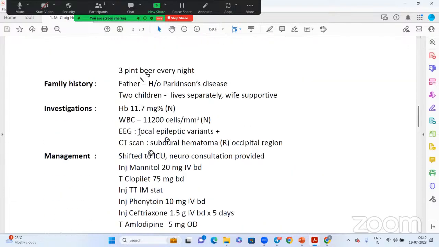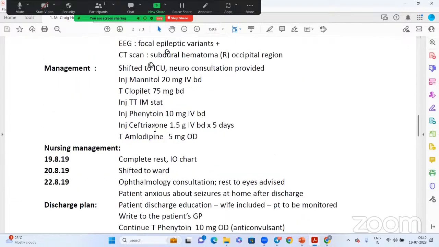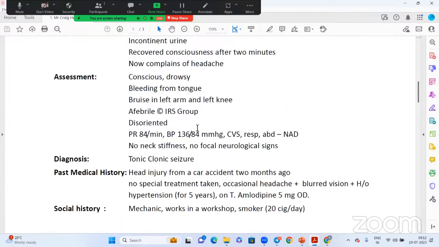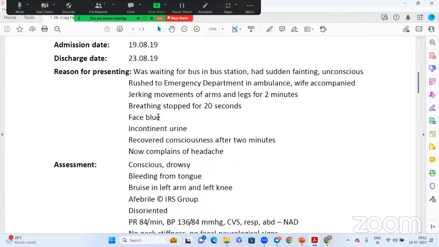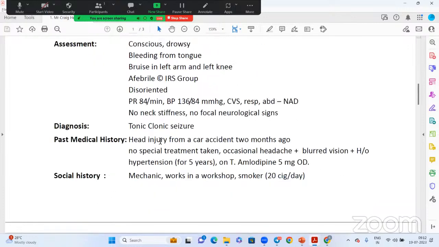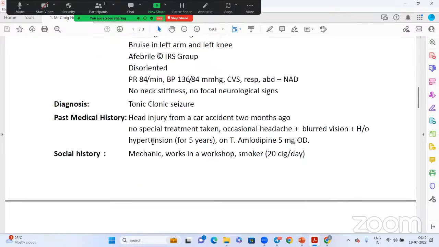Social history, family history, investigation, management, discharge plan. Past medical history. Hypertension, 5 years. T-amlodipine, not just amlodipine. It's T-amlodipine, 5 mg OD, once daily.